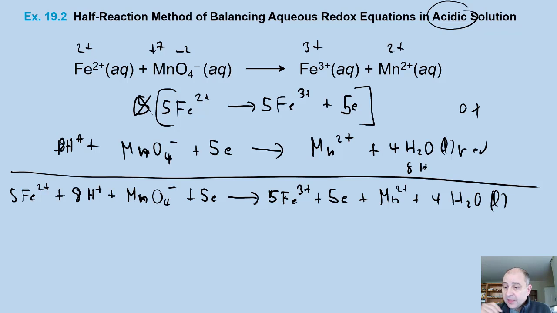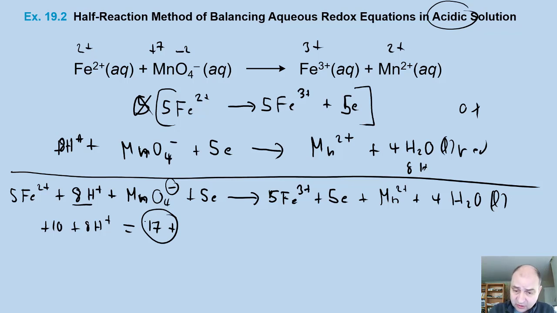That's balanced now. Let's count all of the atoms, but also the charges. We have 5 iron 2+, that's a +10, then we have 8 charges from the hydrogen, and then we have the manganese charge. This gives us an overall 17+ charge on the left. We need to have a 17+ charge on the right, so we have 5 times 3+, which is 15.